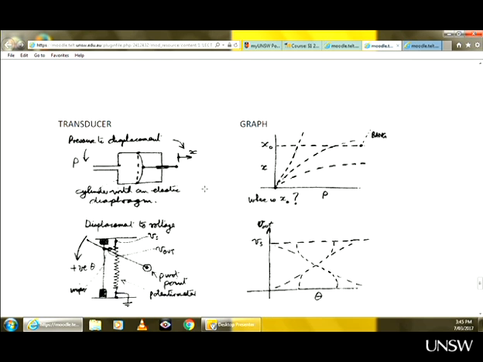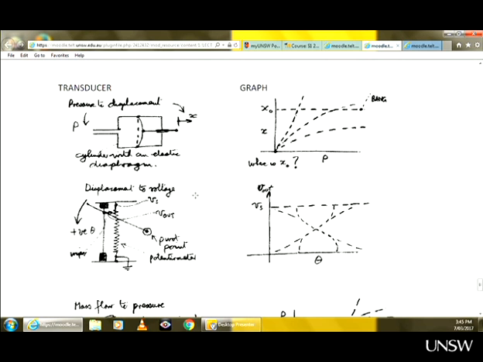In this case, pressure is converted into displacement, so displacement is a function of pressure. Here, again, you have a pressure cylinder, but here you have a diaphragm that is not rigid. As the pressure is changing, so does the displacement x of this point in the middle of the diaphragm.